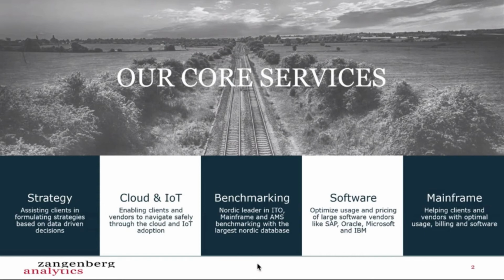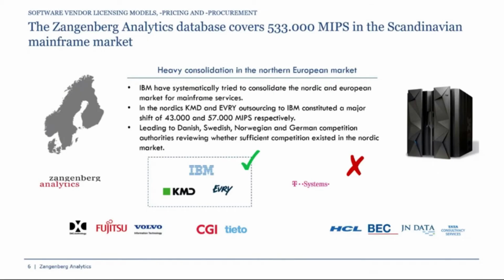I think the pricing is also something where we see when these big mergers are happening, IBM consolidating their footprint, taking over every operation in KMD, trying to buy out T-Systems mainframe operations a couple of years ago, and thereby changing the European footprint.